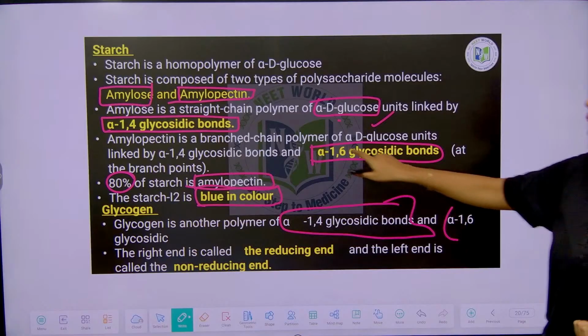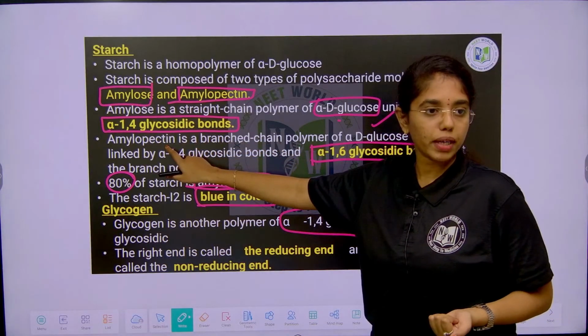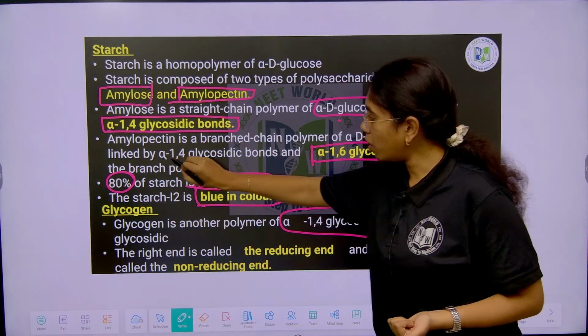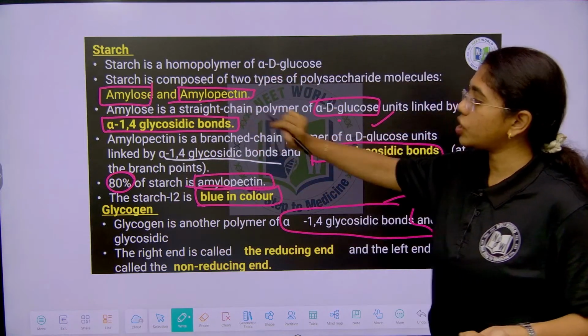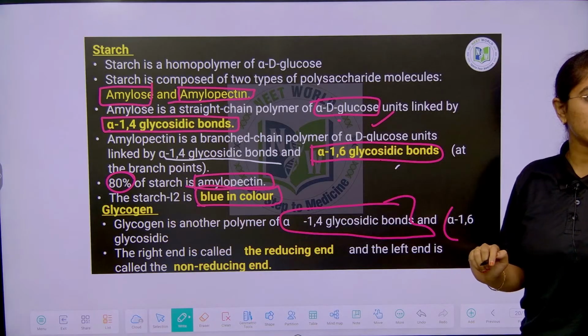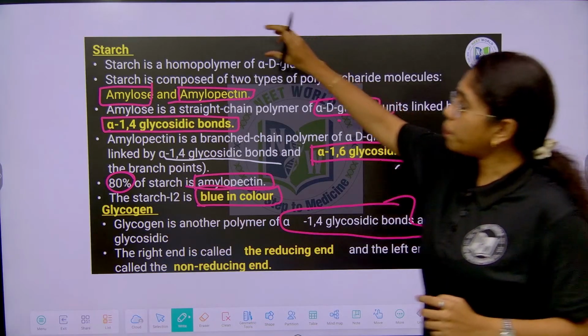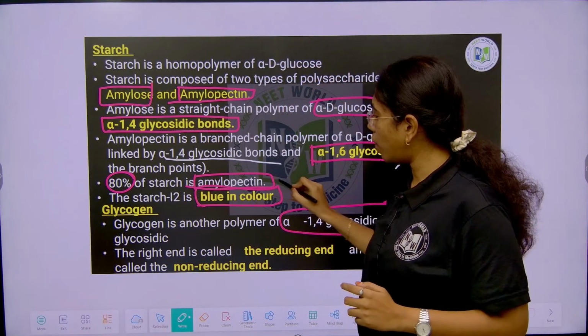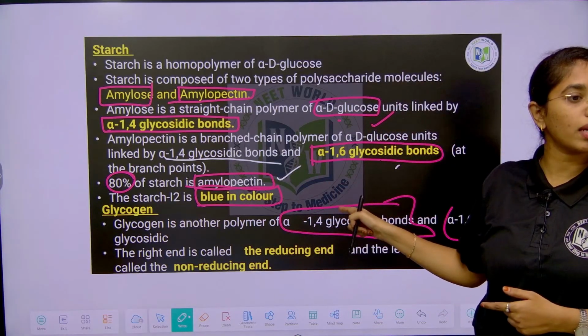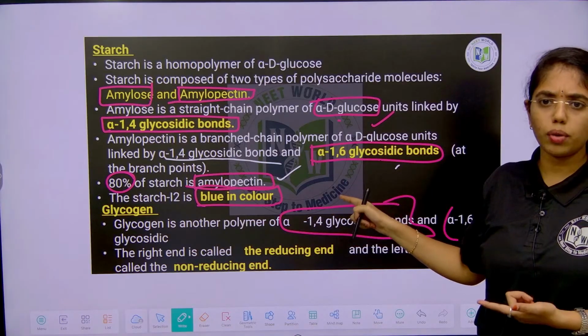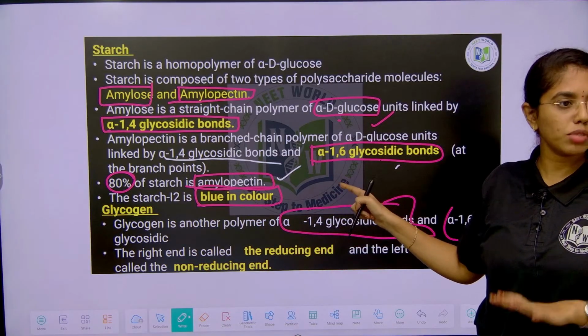Alpha 1,6 glycosidic bonds in amylopectin. Alpha 1,4 and alpha 1,6, both it has. Whereas in amylose it just has alpha 1,4 glycosidic bond. And 80% of starch is of what? Amylopectin. This forms complex with iodine, giving what color? Blue-black color or blue color, that we have learned from childhood.